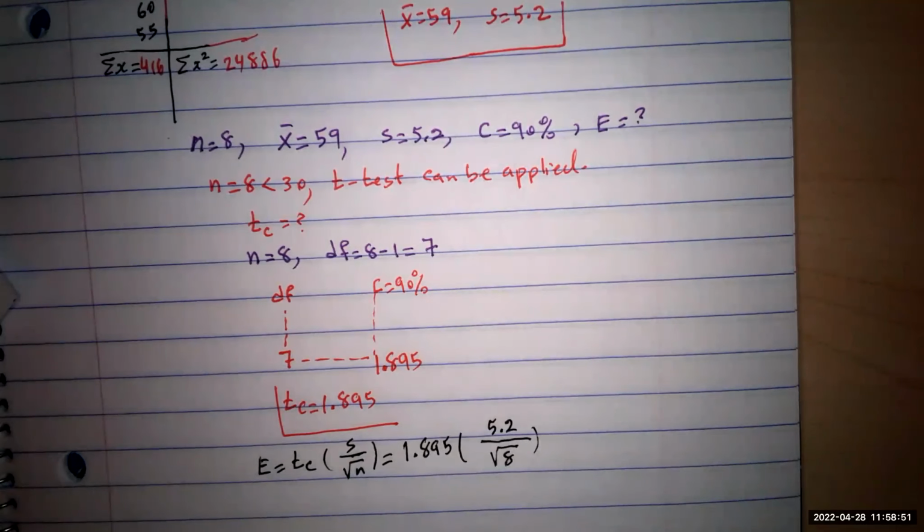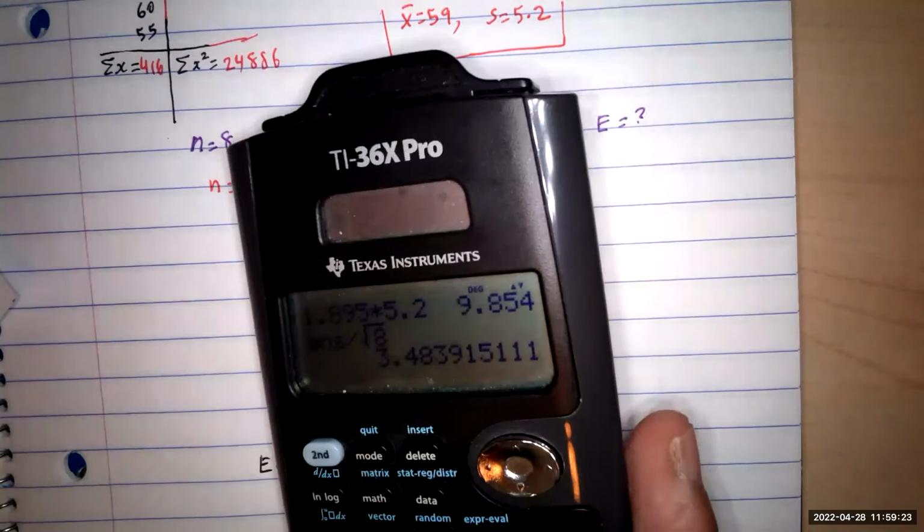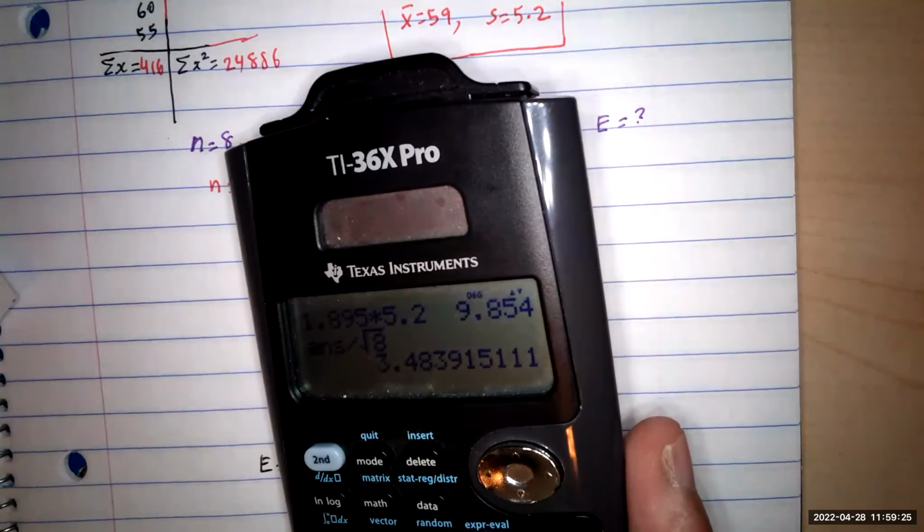So this is what we have. 1.895 times 5.2 divided by radical 8. So square root of 8. So I have 3.483, 3.48.